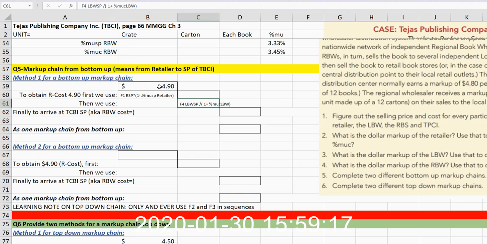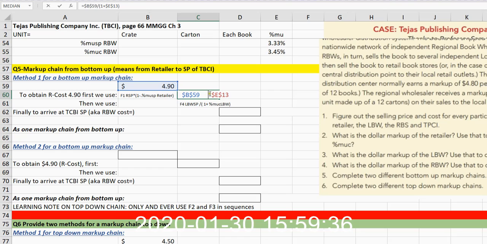So we just simply need to begin with this output from our first formula and divide by 1 plus the markup on cost for the local wholesaler.